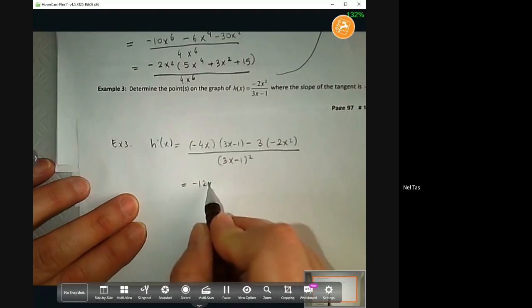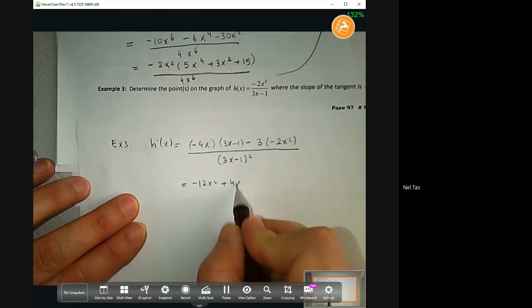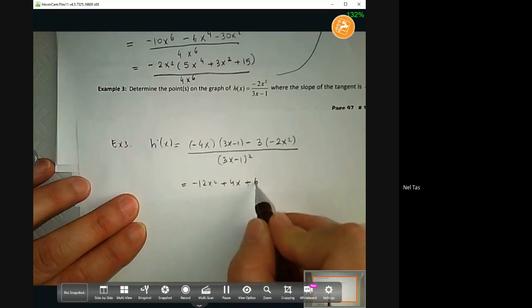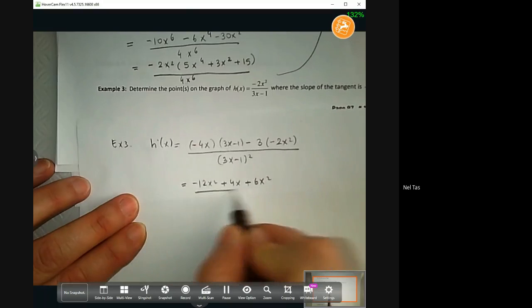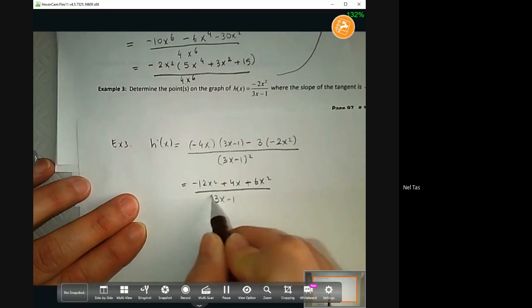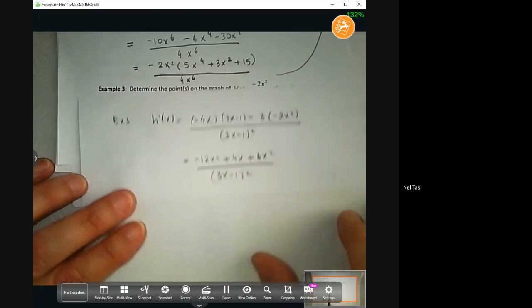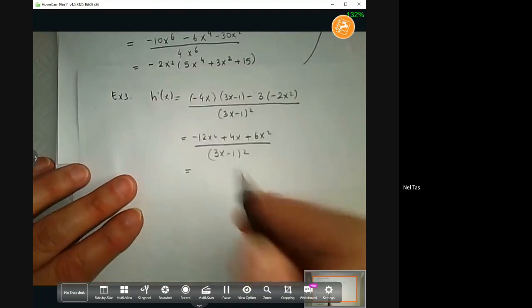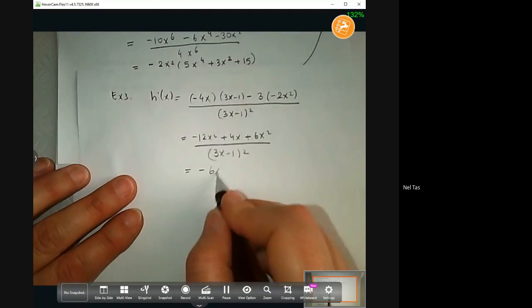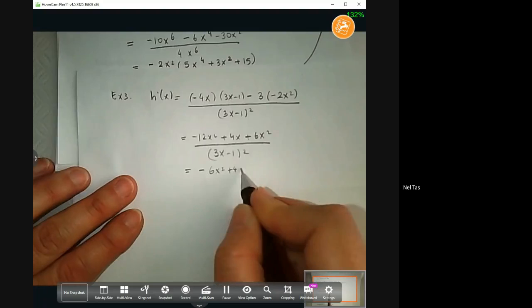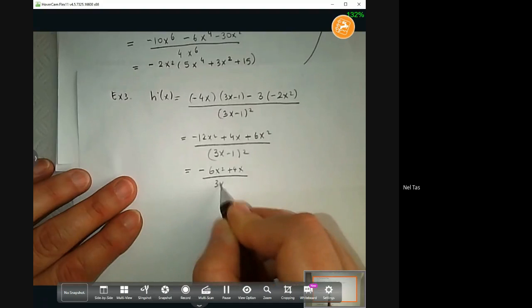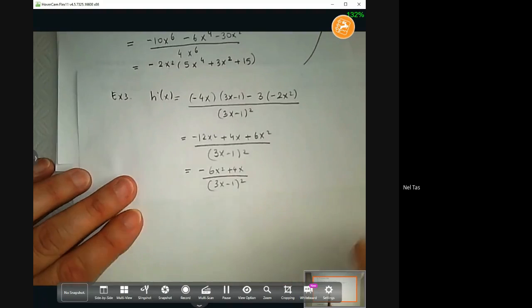Negative 12x squared plus 4x plus 6x squared over 3x minus 1 square, negative 6x squared plus 4x over 3x minus 1 square.